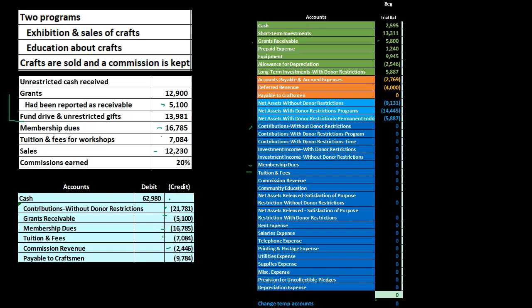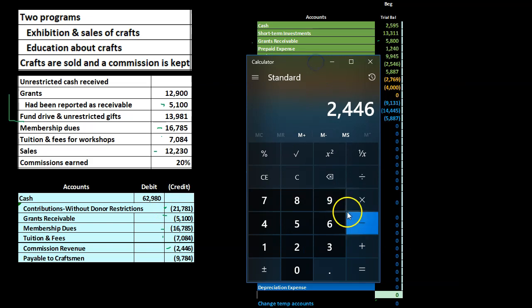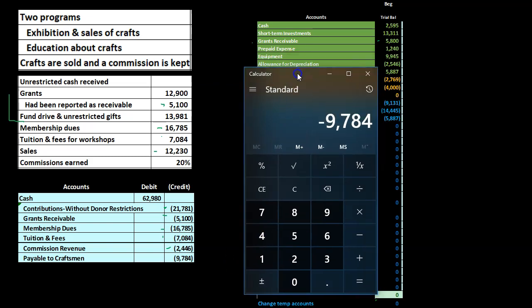We then sell them in our not-for-profit organization and keep that 20%. All right. Then the difference between that and the sales amount, the 2,446 minus the sales amount, which is 12,230, is the 9,784. That's going to be the amount that we owe to the craftsmen, the people that made the crafts that we're selling, craftsmen and women.